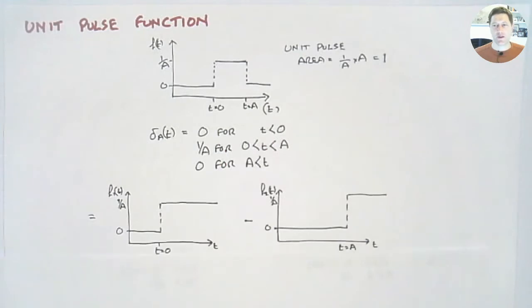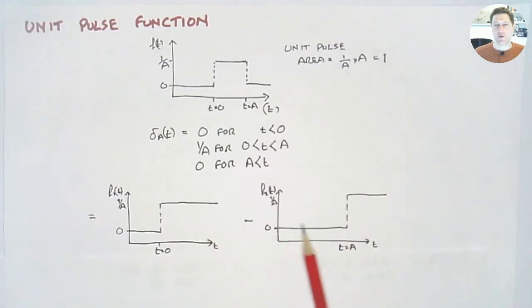So how can we find the Laplace transform of that? Well, now we can take advantage of the linearity of the transform. So we can say that our unit function is simply the addition of two other functions. Apologies, it's the subtraction. We have a step increase and then we subtract from it another step increase which is delayed in time.